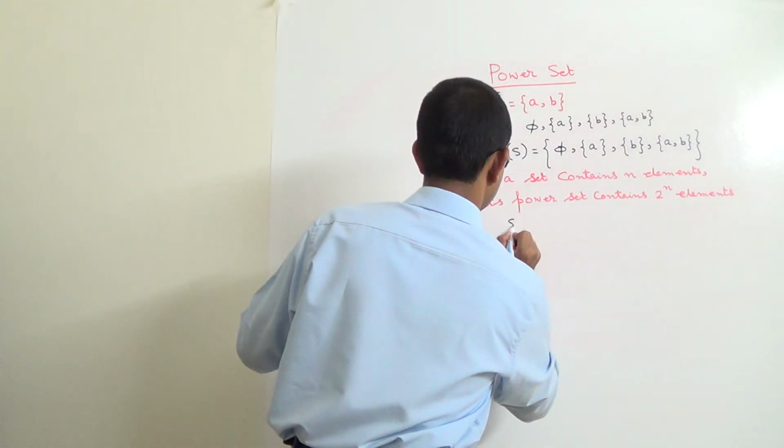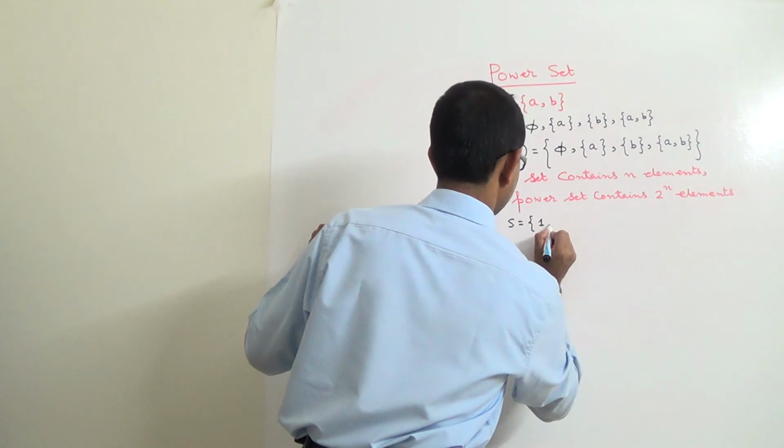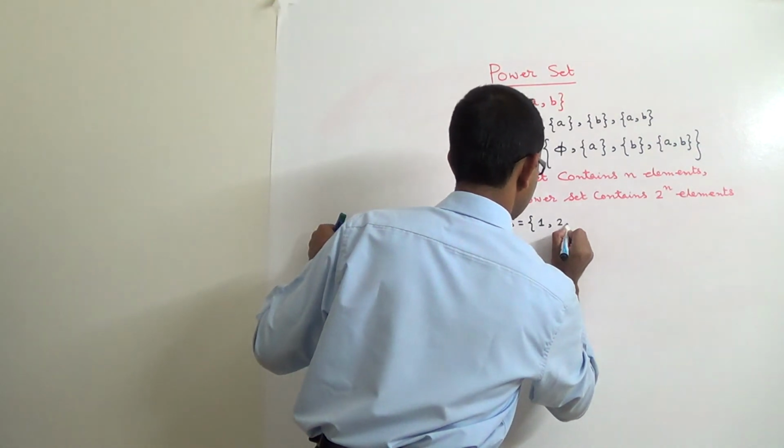Suppose the set S contains 3 elements, 1, 2 and 3.